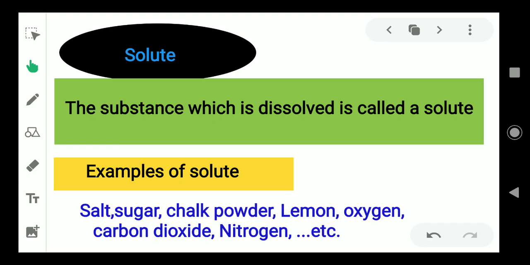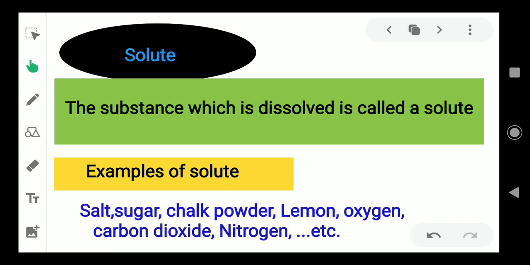What is solute? The substance which is dissolved is called a solute. In the case of sugar solution, what is the substance dissolved in that water? It is salt or sugar.